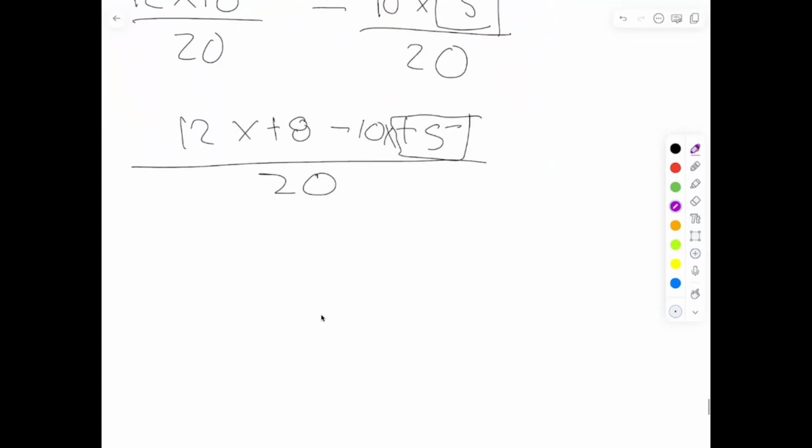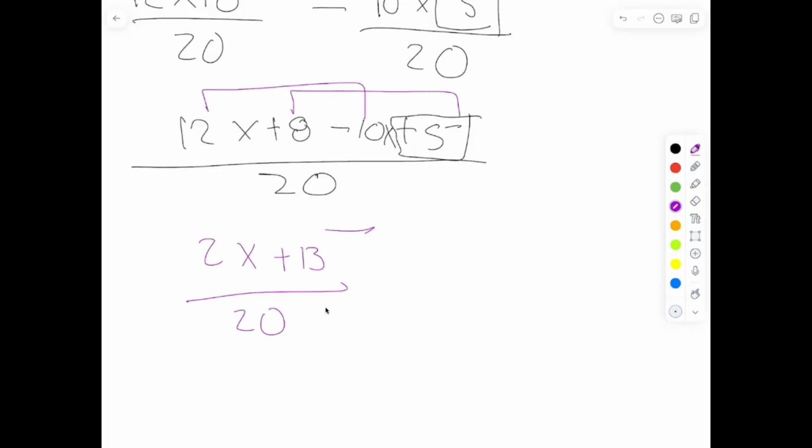All right, Elena, keep going. You subtract 10x from the 12x. That's right. 2x. What's next? 5. Good. Anything else? That's it. We done.